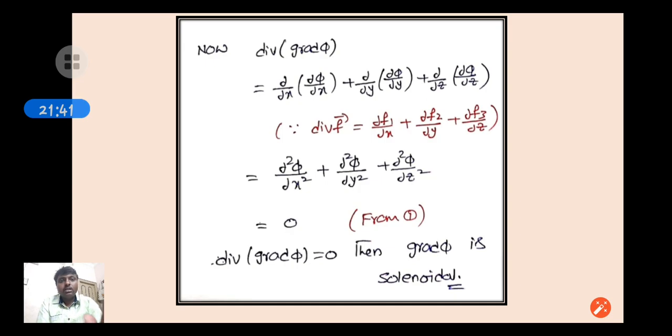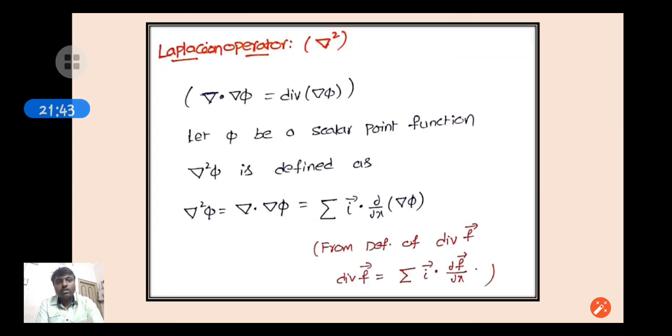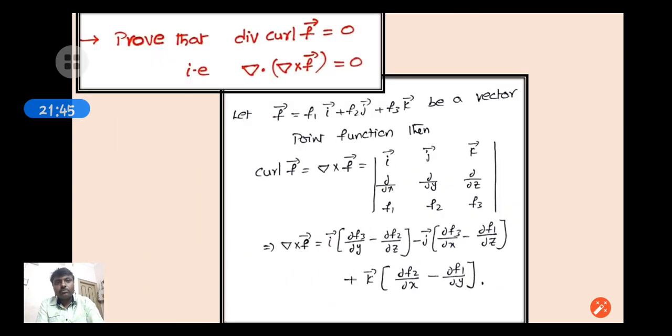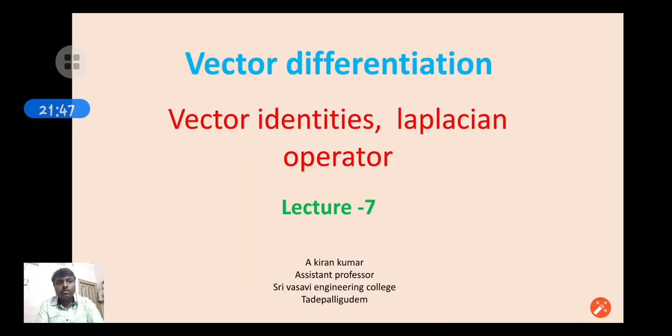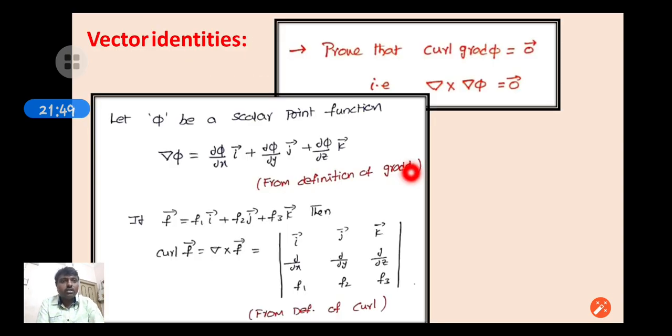Today we discussed three different identities. First one, del cross del phi is equal to 0. That means curl of grad phi is equal to 0. Here I am showing that grad phi is irrotational.